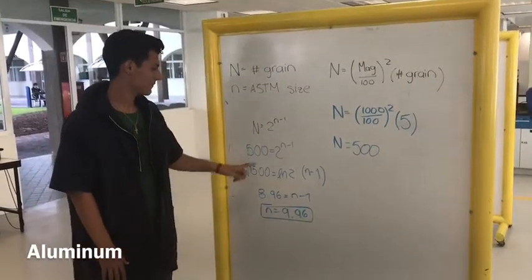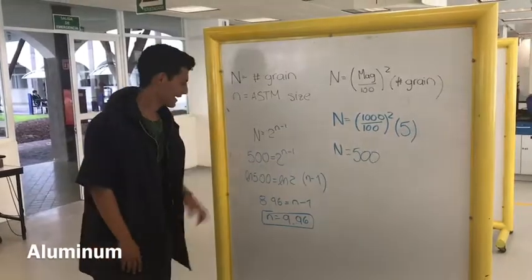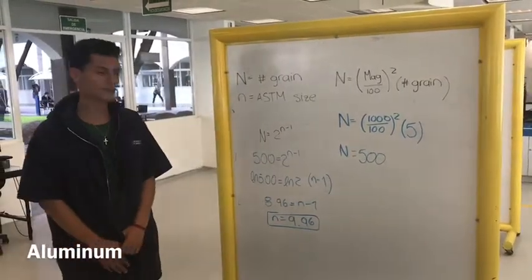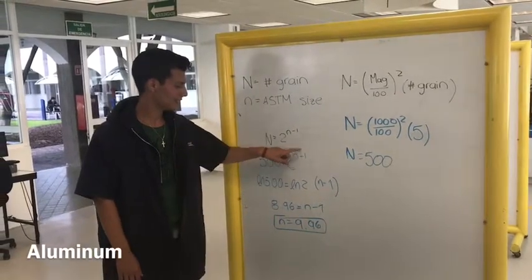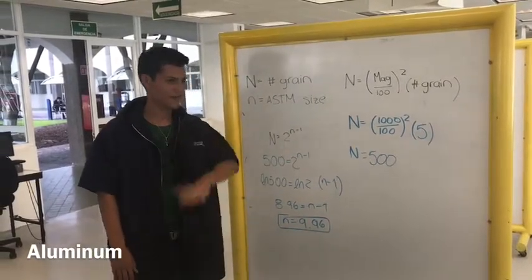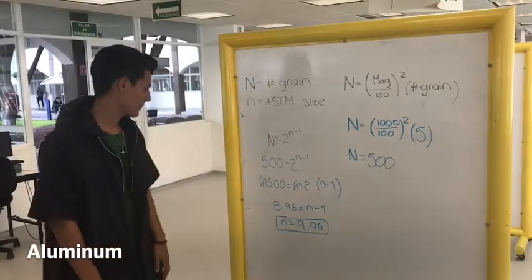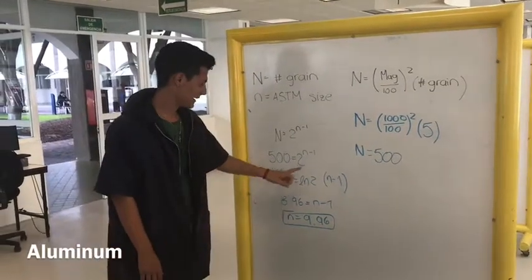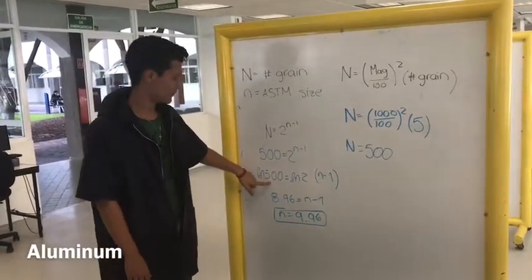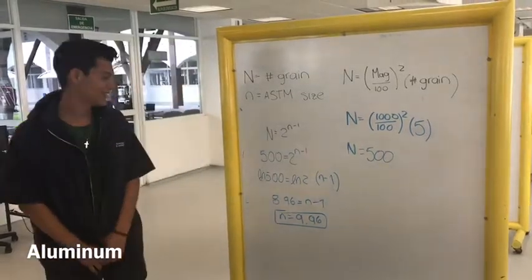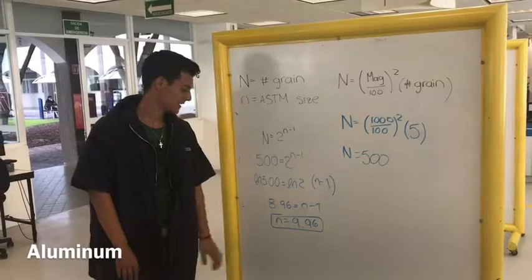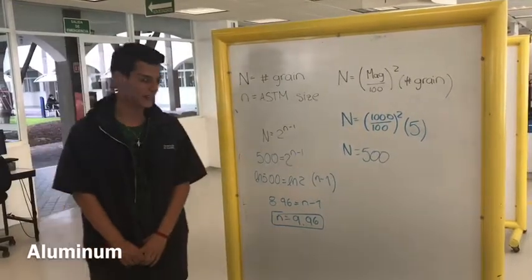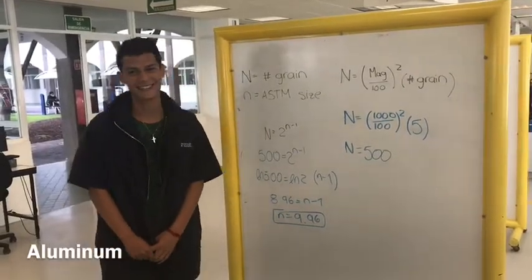We have to use this number here and apply a natural logarithm on both sides in order to move this part down. We then divide this, and we obtain 8.96. Then we only add this number and we obtain that the size of the grains is 9.96.